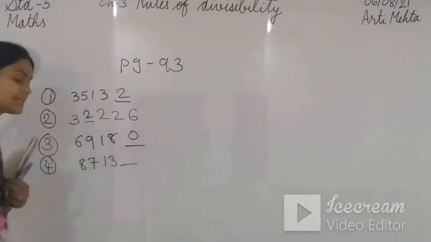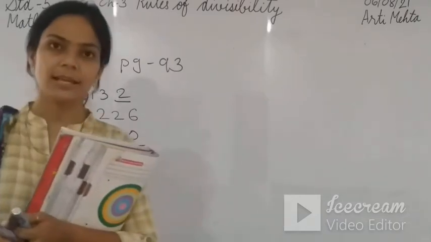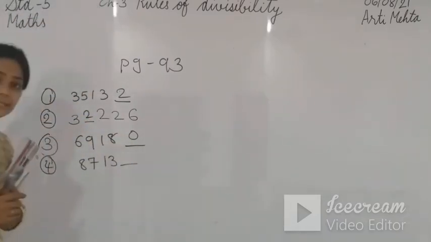8713 blank is divisible by 9. What was the rule of divisibility by 9? If the sum of the digits is divisible by 9.